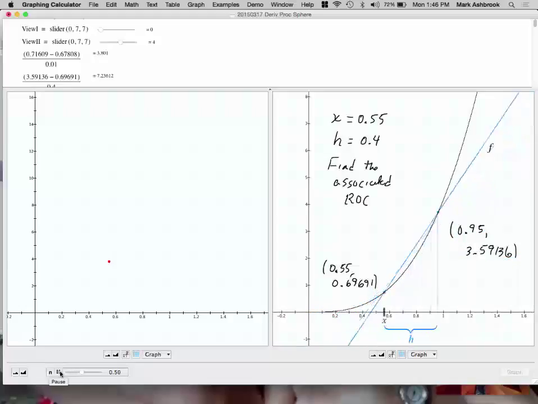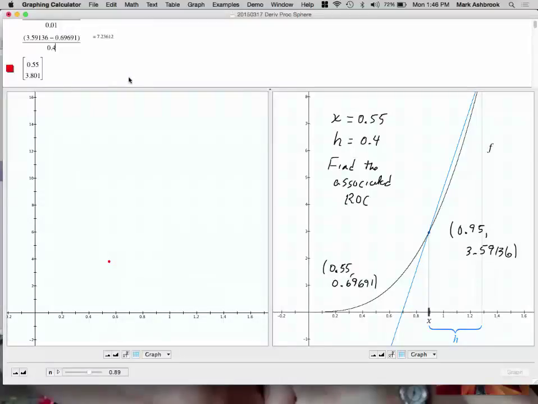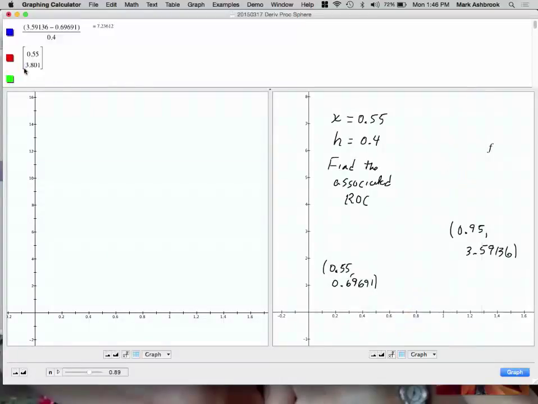So this approach two of finding the, all right, so, okay, let's graph. So what piece of information did we get then? What piece of information did we get over there?